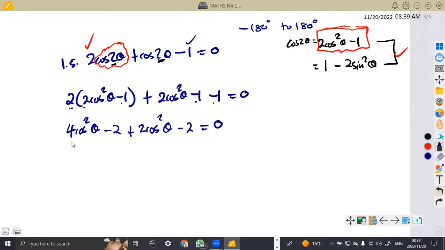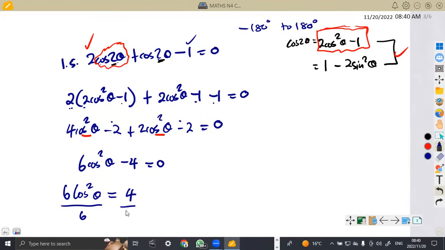Okay, let's collect like terms. We have got cos squared and cos squared there, so you can add the 2. 4 plus 2, that's 6. So we've got 6 cos squared theta. Minus 2 minus 2, that's minus 4, which is equal to 0. So we can solve our equation. 6 cos squared theta minus 4, we can transpose minus 4 to the other side of the equation, it is going to be a plus 4.